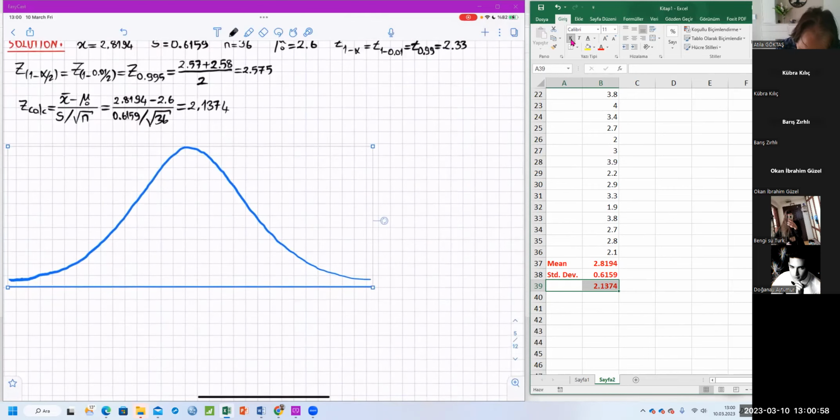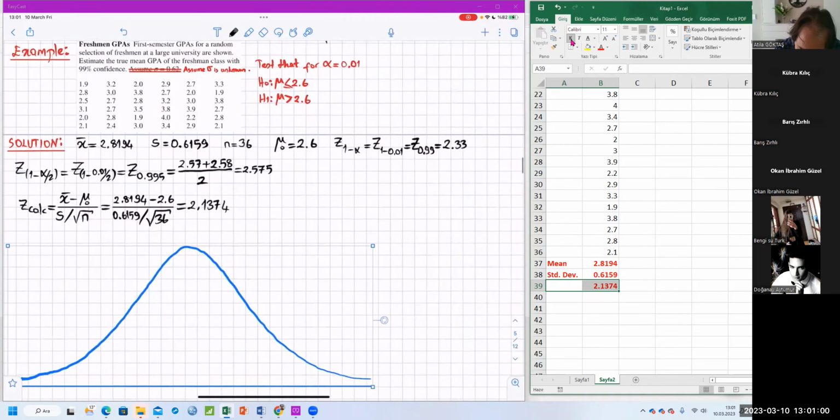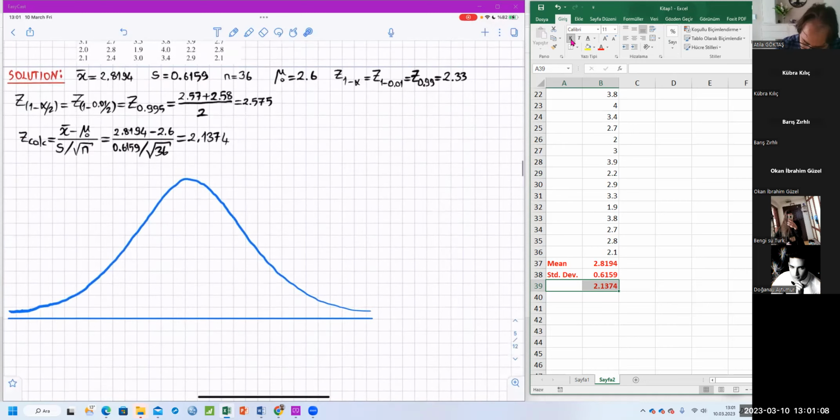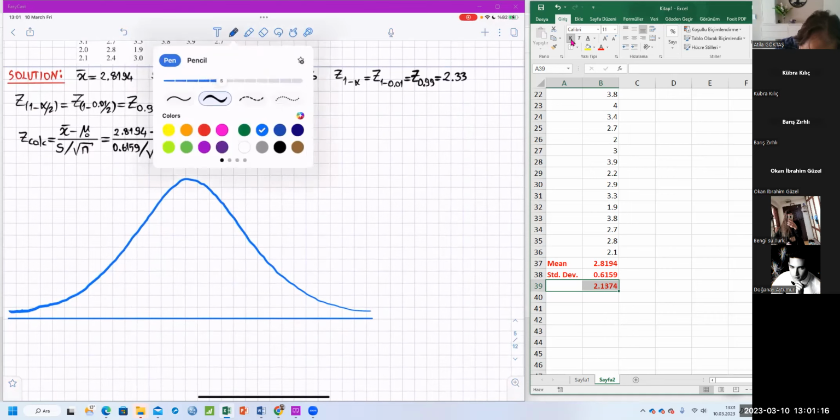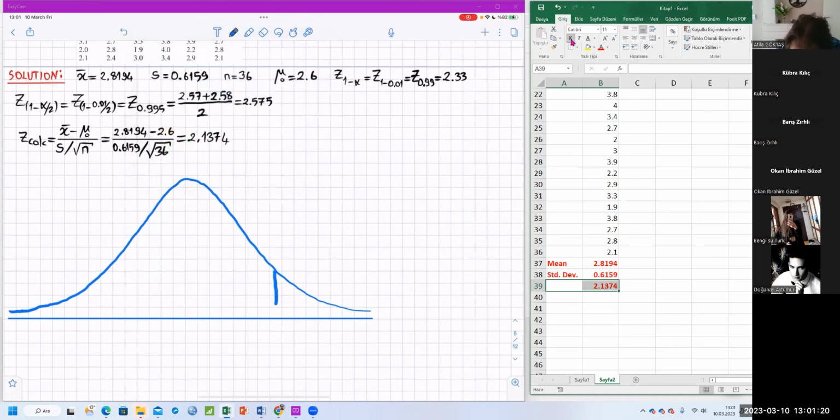Since this is right-sided, we know whether the hypothesis is right-sided from the alternative hypothesis. If it's greater, it's going to be right-sided. I will place the critical value on the right side, probably somewhere here.